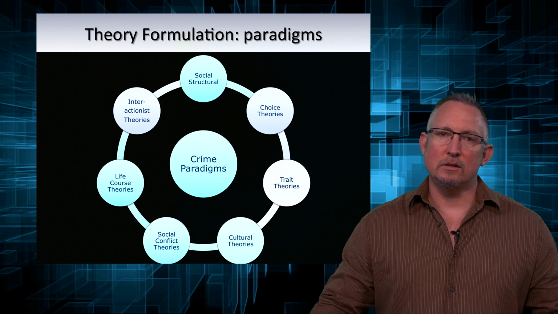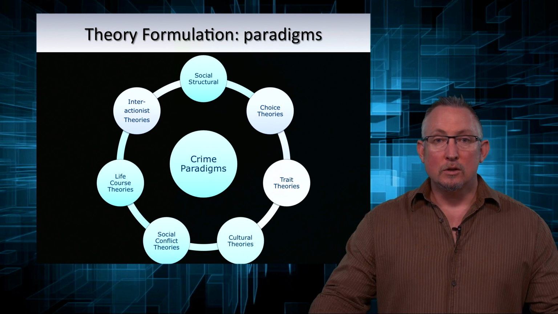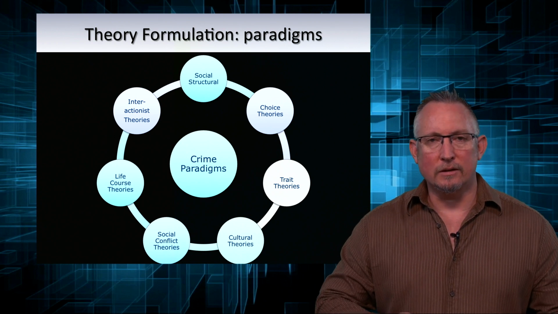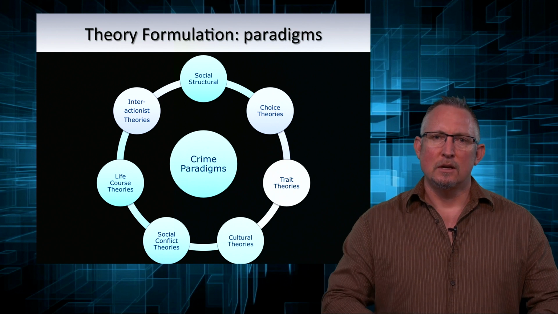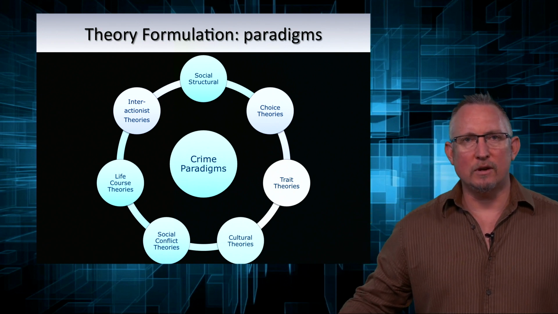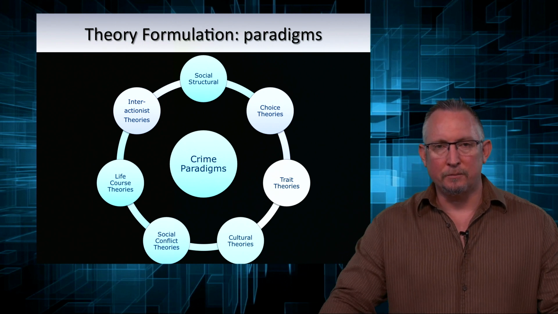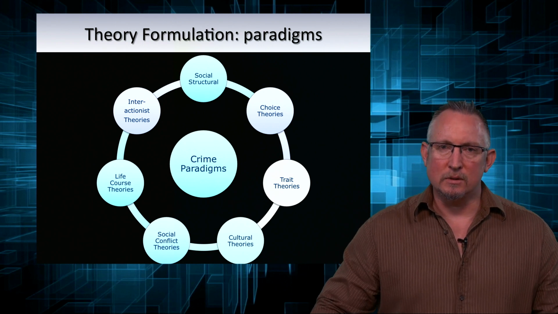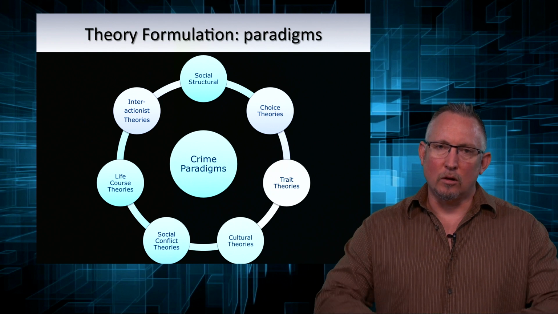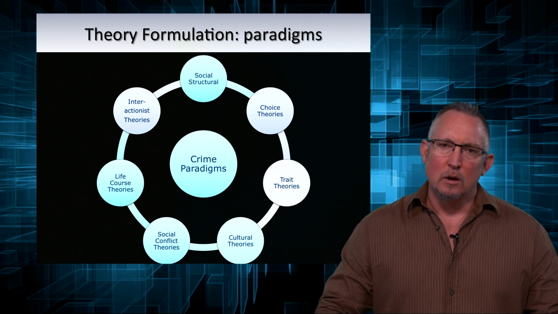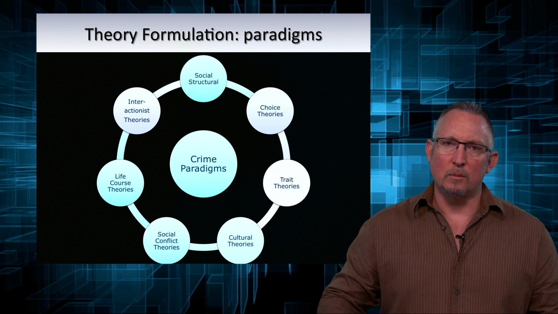You would look at many of these in your psychology of crime course. Choice theories, right, which underlie contemporary rational choice perspectives, as well as things like situational crime prevention. Interactionist theories, which is a paradigm that we've looked at, and so on. These are all crime paradigms in a sense, in that they are larger than individual theories, but they group theories that have similar assumptions.